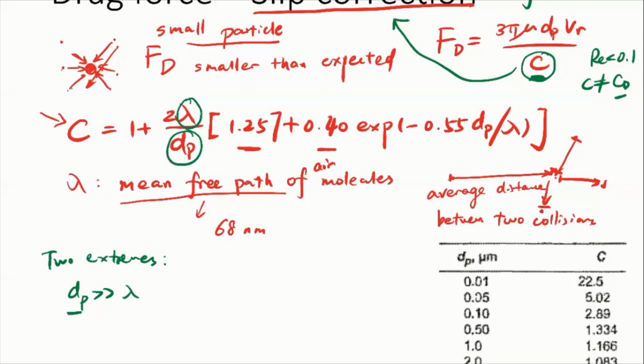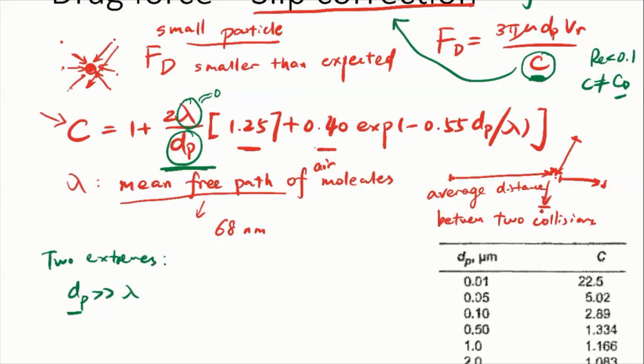So what happens at that condition? For this term, lambda is much smaller than dp, so this is almost equal to 0. Inside this term, 1.247 is just a constant, 0.4 is a constant.